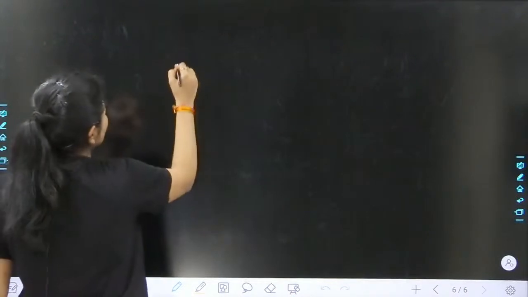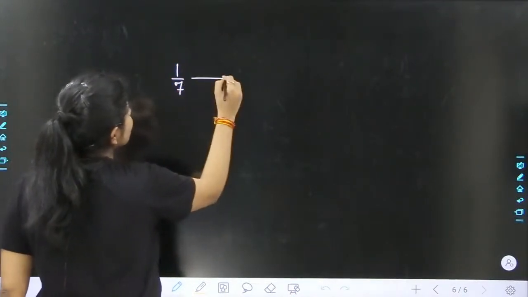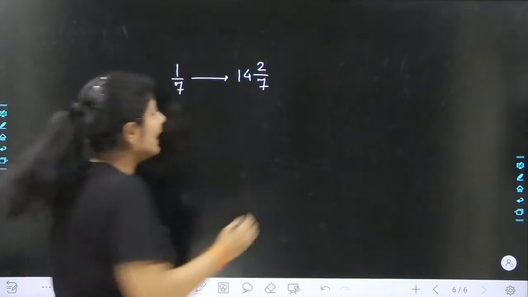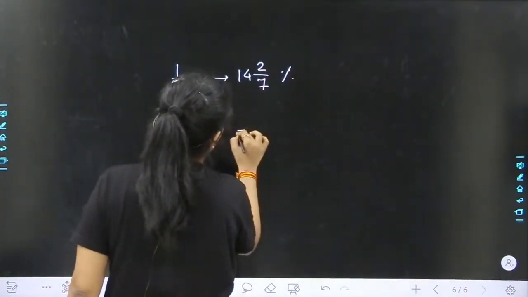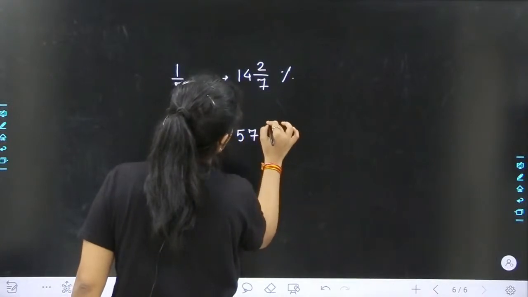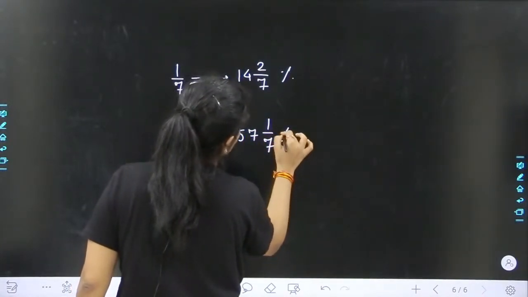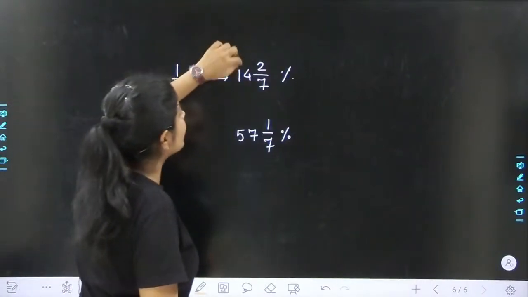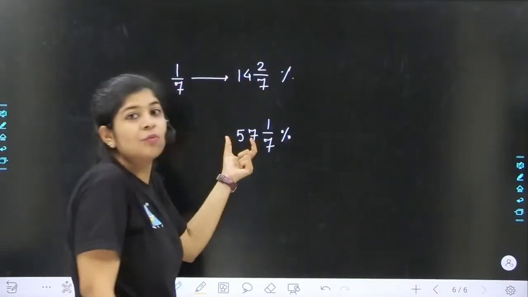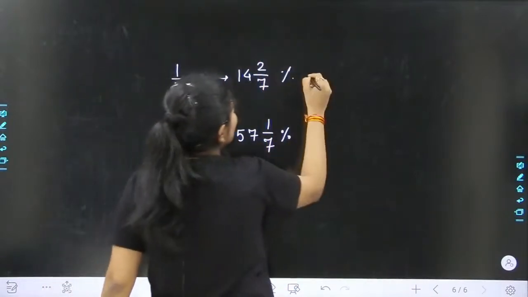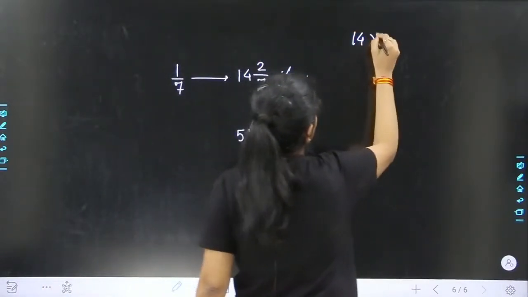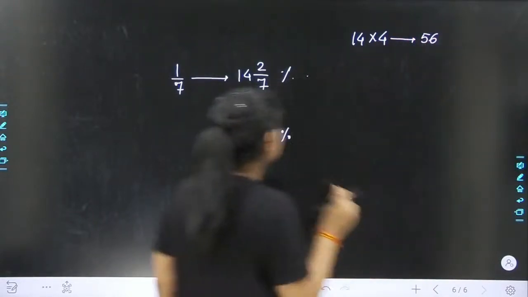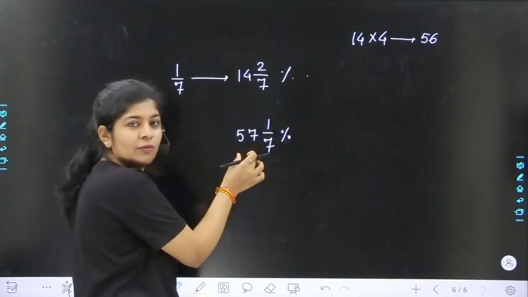I know 1 by 7 is equal to 14 2 by 7%. Now what do I have? I have 57 1 by 7%, right? Now I see the nearest multiple of 14 which is near 57. If I multiply 14 by 4, I get 56 as my answer, right? And which is nearly equal to 57.